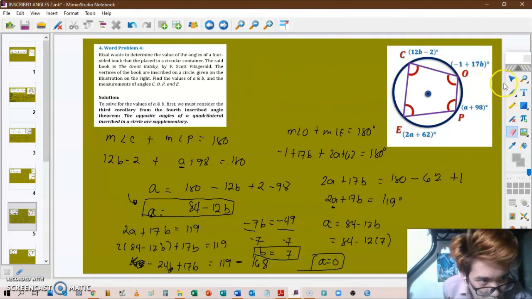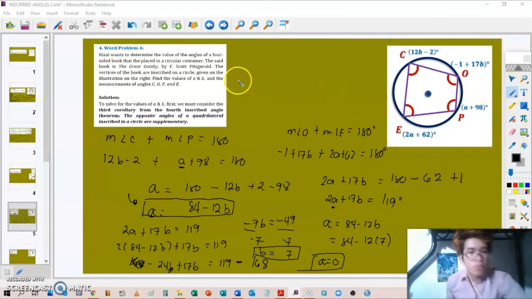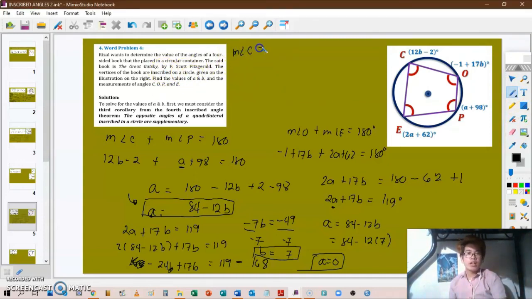Substituting the values that we got, let's solve for the values of angles C, O, P, and E. The measurement of angle C is equal to 12 times 7, the value of B, minus 2. The measurement of angle O is going to be equal to negative 1 plus 17 times the value of B, which is 7.